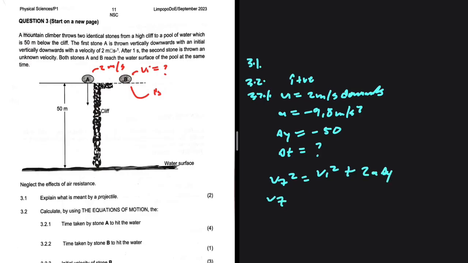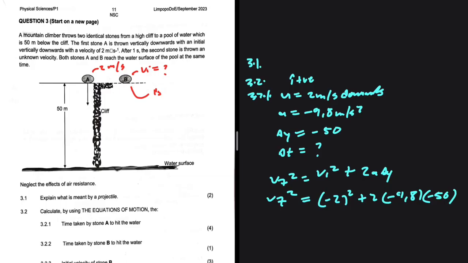If I find Vf, I'm going to be able to use Vf equals Vi plus a delta t and find the time. So Vf squared is equal to minus 2 squared plus 2 multiplied by the acceleration minus 9.8 multiplied by delta y minus 50.